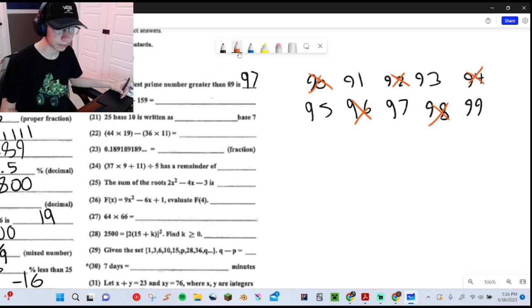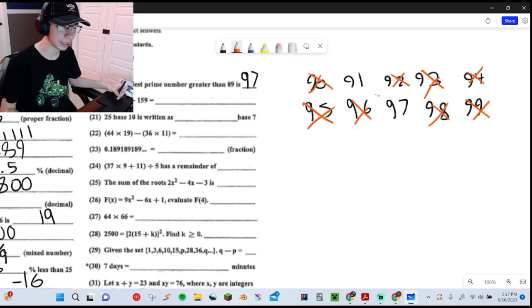Then, anything that's a multiple of 3 can't be prime either. 93, 99, I already crossed out 96. Anything that ends in a 5 can't be prime, because it has a factor of 5. Of course, not 5 itself. Anything after 5 that ends in a 5, it's not prime.